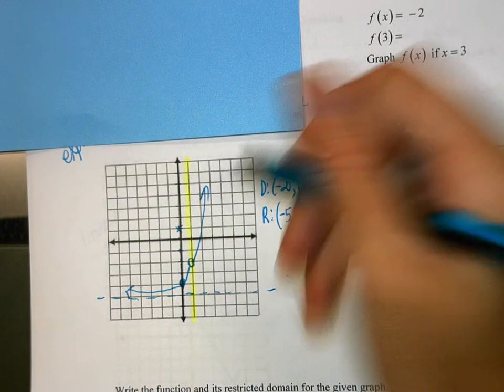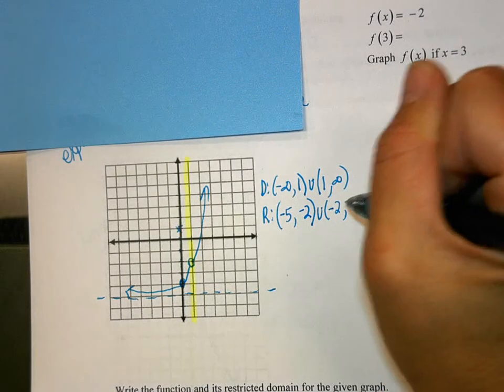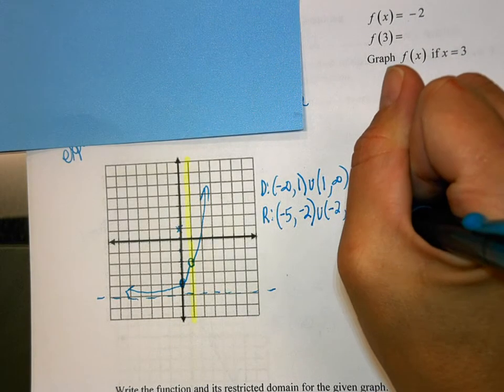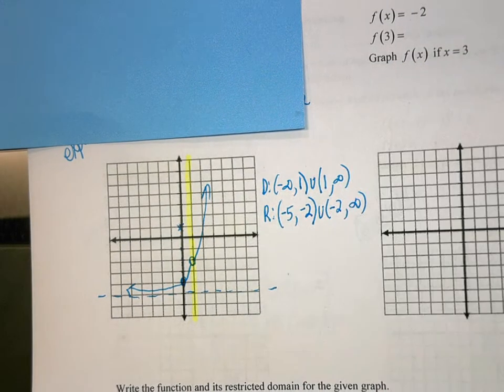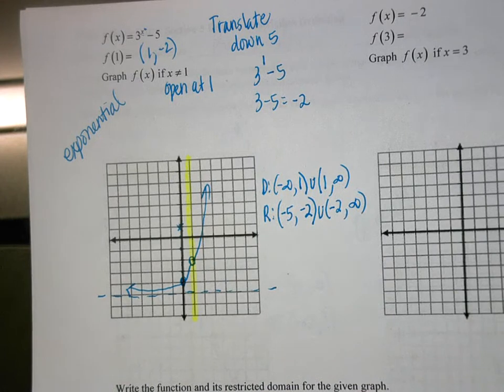So we do the union, and then -2, and it goes all the way to positive infinity. Are we confused about anything there? All right. Are we ready for the next one then?